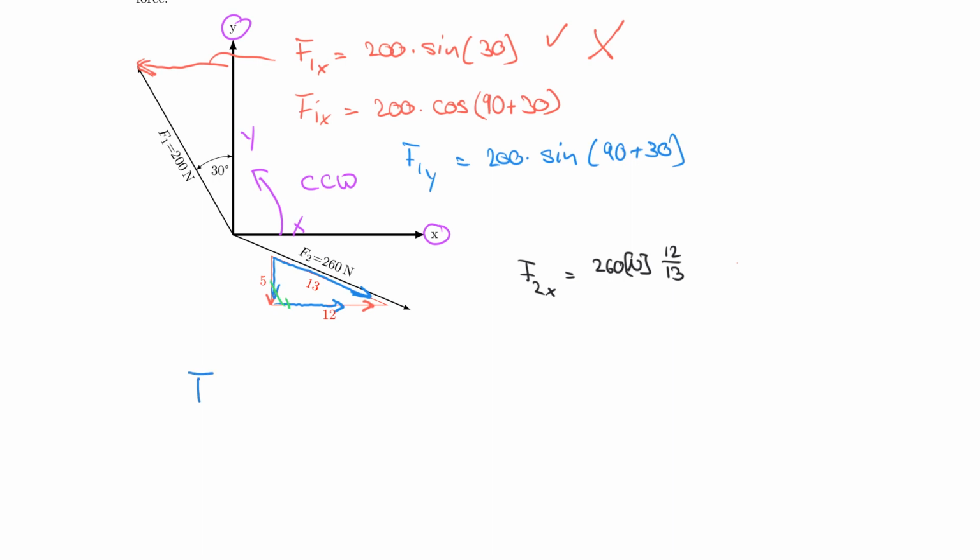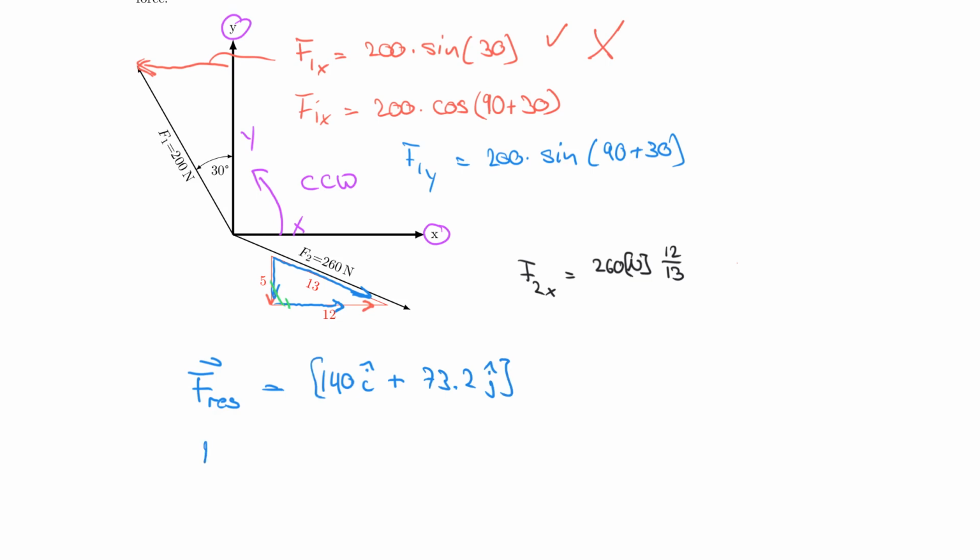So I can tell you that F resultant here in this case has components of 140 i hat and 73.2 j hat.